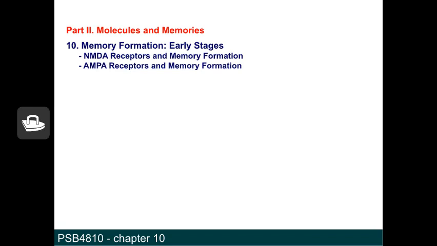If you remember, in chapter 9, I described a variety of genetic manipulations, including transgenic mice, where a gene could be overexpressed or knocked out or modified in some way to make it more or less effective or to even make it do something different than it originally did.